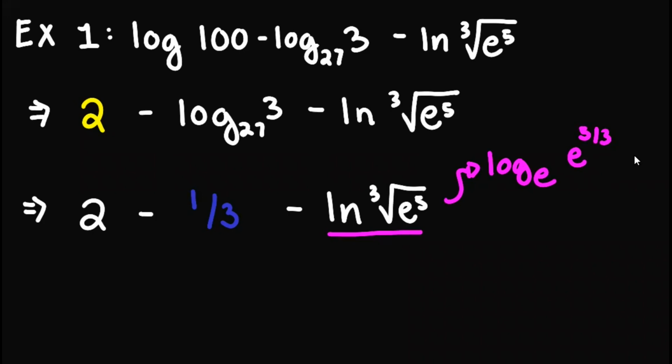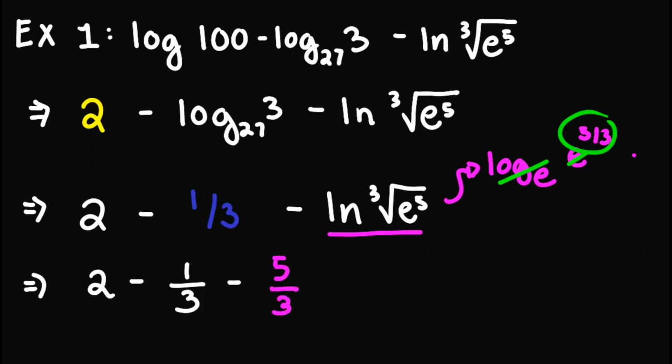And similar to what we had a while ago, since we have an exponential and a logarithm, and they have the same bases, they can cancel out and we'll just obtain this. So we've got 2 minus 1 over 3 minus 5 over 3. And we simply simplify this one.